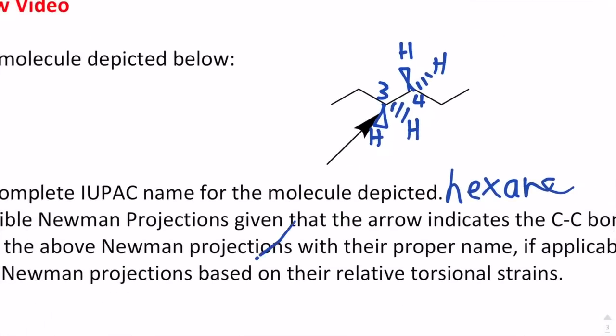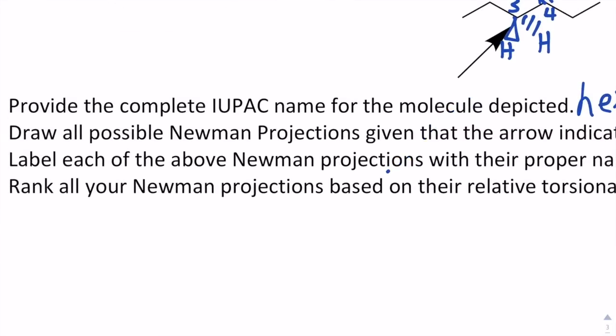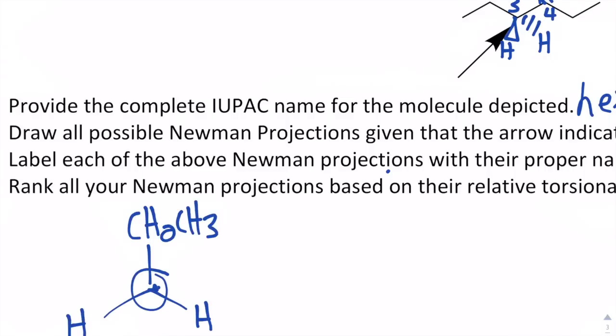Let's draw the Newman projection in that current orientation. The dot is my first carbon, so we clearly have an ethyl group going up, and a hydrogen to my left and to my right. On the back carbon, we have hydrogens to the left and to the right, and then an ethyl group coming down. So that would be the Newman projection in the current conformation.